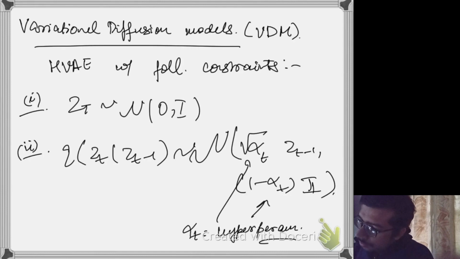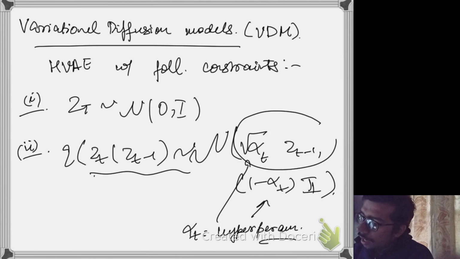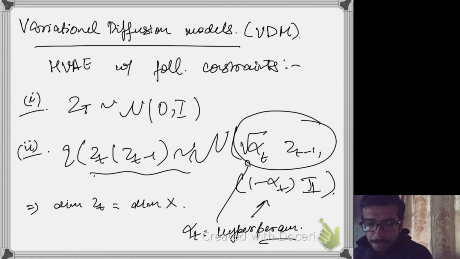Now what we have additionally is that since I define the mean as root alpha_t z_{t-1}, this implies that the dimension of z_t is the same for all t, which is also the same as the dimension of x. Because x is essentially z naught, what we have been calling z_0.